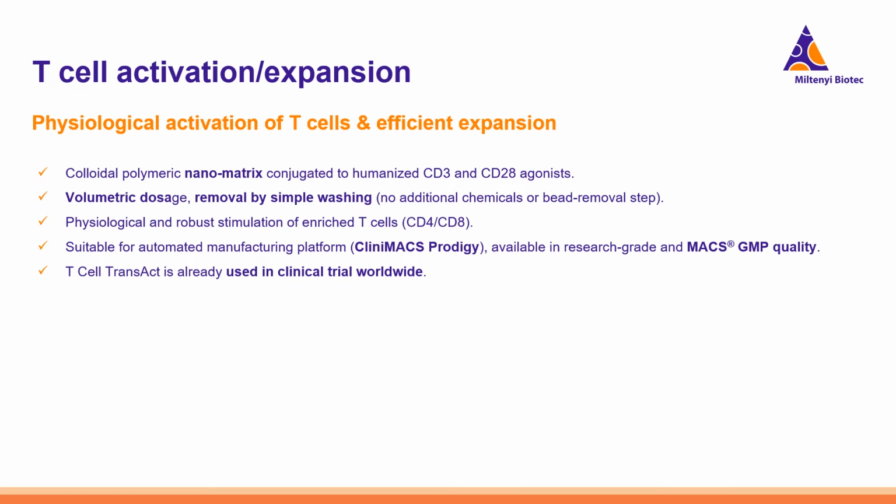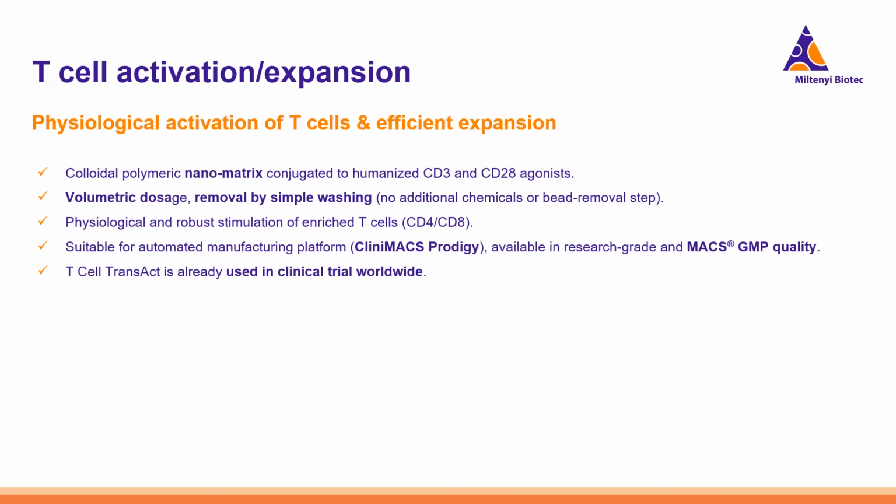This is named T-Cell TransAct, and it has been developed for the physiological activation of T cells and for their efficient expansion. And what makes this reagent special, it's a colloidal polymeric nanomatrix that is conjugated to CD3 and CD28 agonists. It can be dosed volumetrically, and it can be removed by a simple wash step. So there's no need to add any chemicals or a bead removal step.